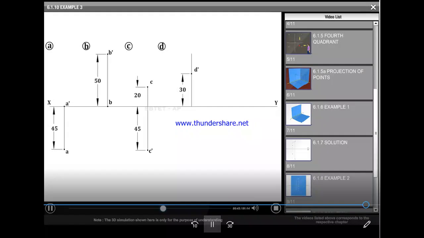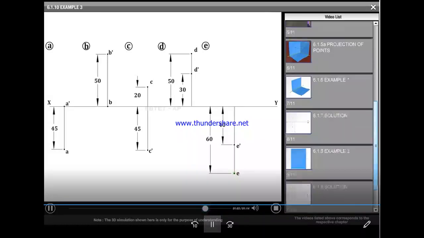Subdivision D. In this, the front view is 30 millimeters above XY line and the top view 50 millimeters above XY line. Subdivision E. In this, the front view lies 40 millimeters below XY line and the top view 60 millimeters below XY line.